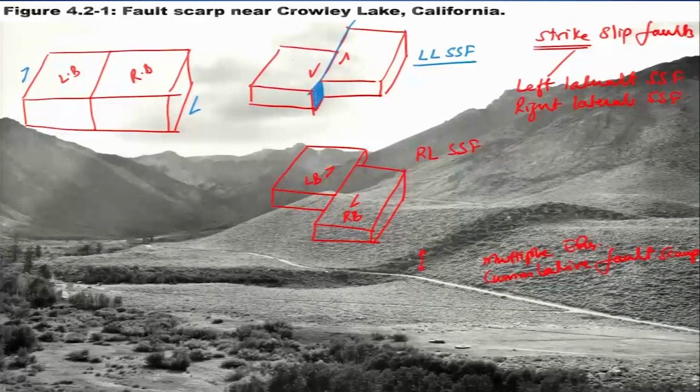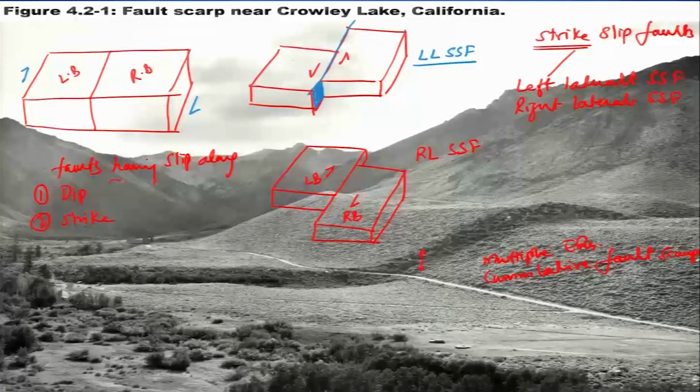So, in short, what we have discussed now is that one is the faults having slip along dip and another is along the strike.